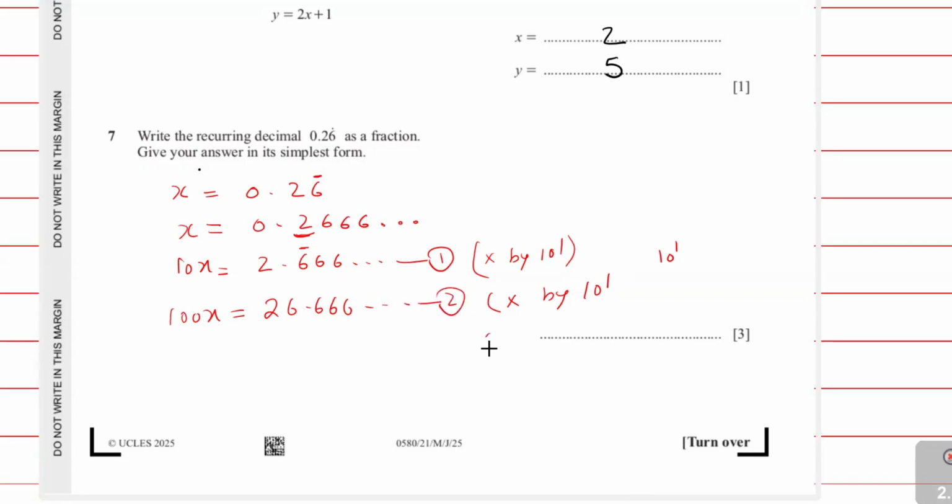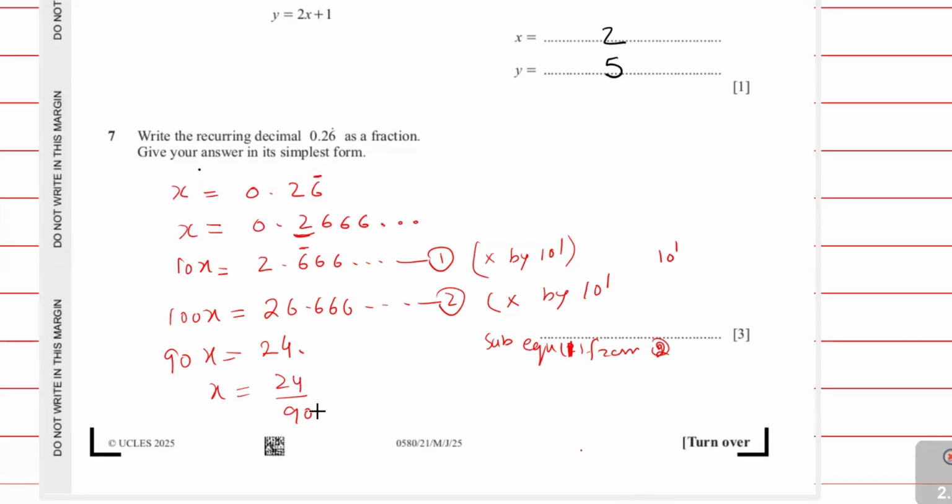Now we will subtract equation 1 from 2. Now we write 100x minus 10x equal to 90x, and 26.66 minus 2.6, this value will be equal to 24, and we can write x equal to 24 over 90.